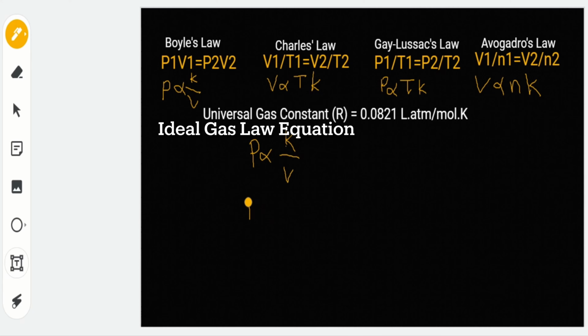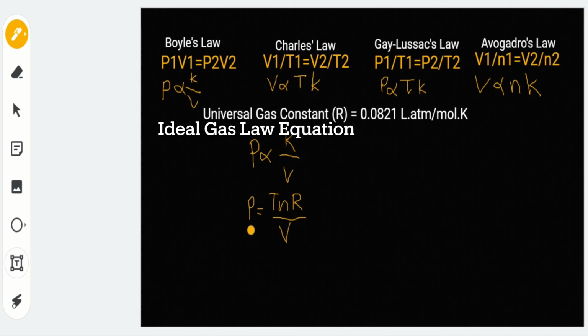If we rewrite this, it would look like pressure is equal to temperature times the amount of gas, which is represented by n, and of course we have our universal gas constant, which is represented by R, over the volume.